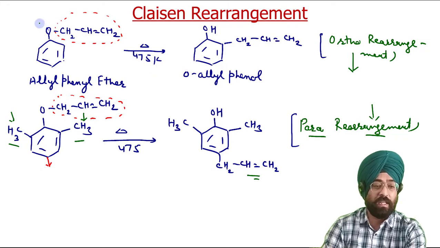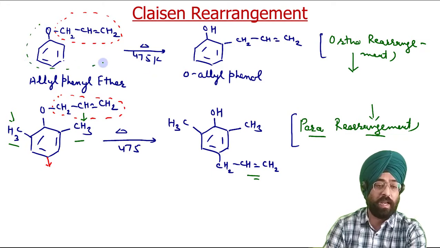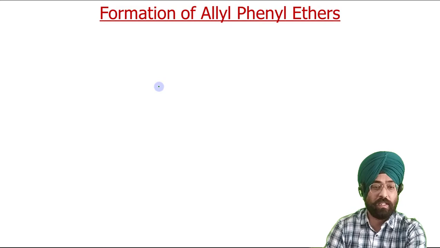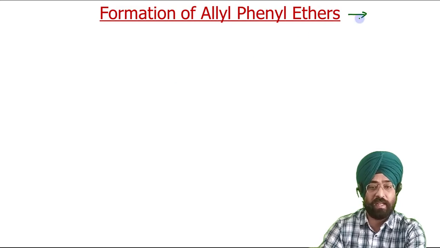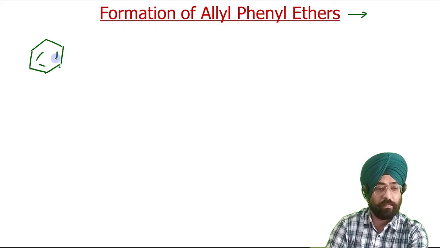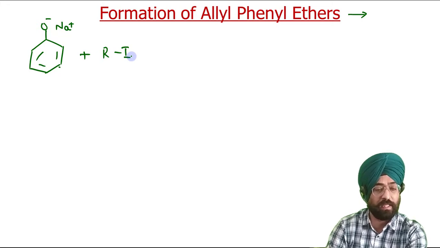First let us see how to prepare these allyl phenyl ethers. So these are prepared from phenols, basically sodium salts of phenols. Now we have sodium salt of phenol, sodium phenoxide, O negative, Na positive. Now upon a reaction with alkyl halides, suppose it is general alkyl iodide, it undergoes such type of reaction.